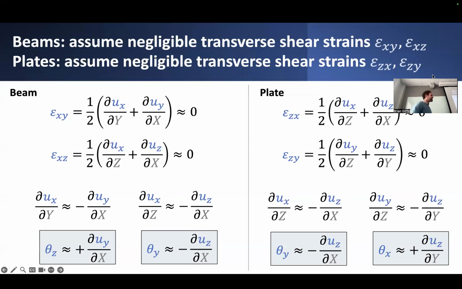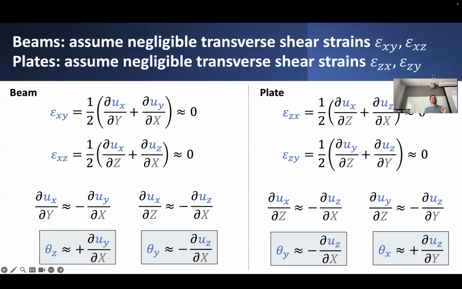To do that, all we have to do is pull out our normal expressions as we previously derived them through the strain displacement relationships for those particular components of shear strain. The transverse shear strains in a beam are two components, the epsilon xy component and the epsilon xz component, measuring the relative strain in each of the transverse directions.